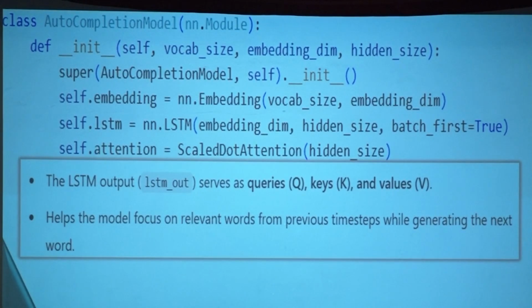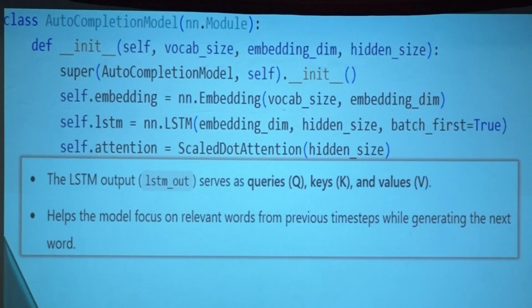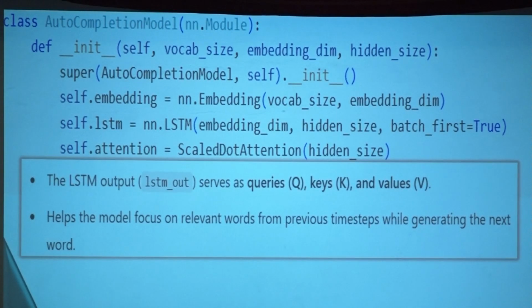So what is happening now? You are creating an attention layer here. In that you are using scaled dot attention. We defined this method already. In that you are giving the parameter as hidden size. So this LSTM output serves as query, key and also value.